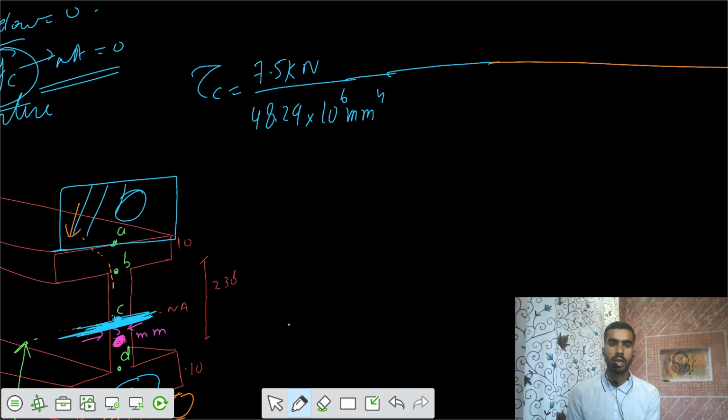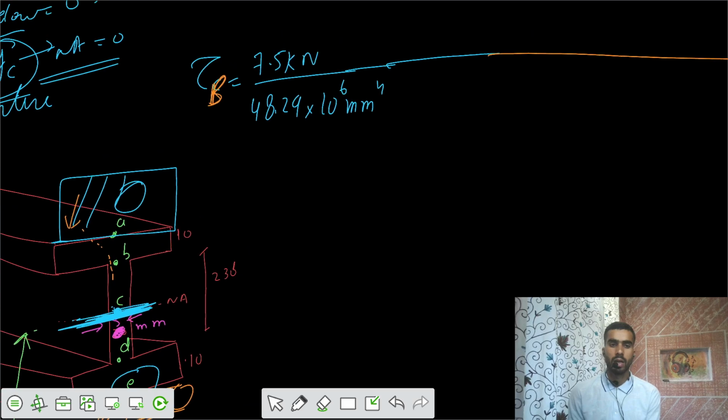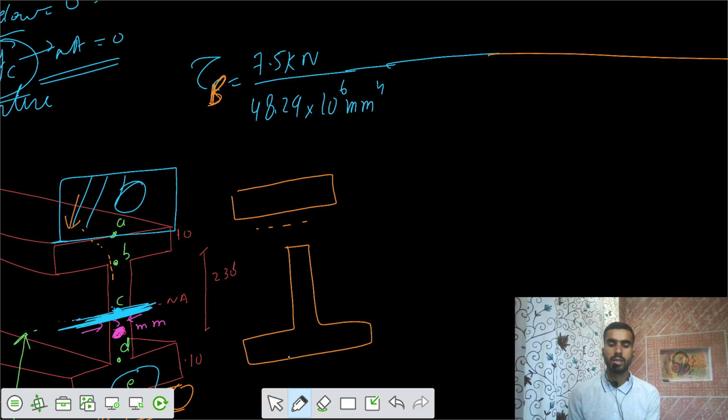Now you want to take tau at B. So I would say this is your point B. You have two options. Either you can take this area or you can take this area. It's up to you. That is the neutral axis.